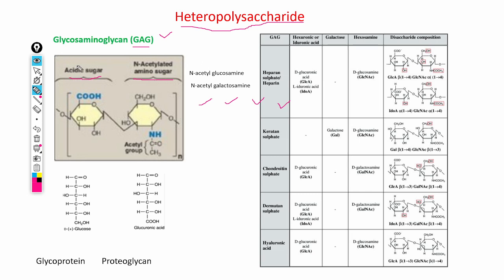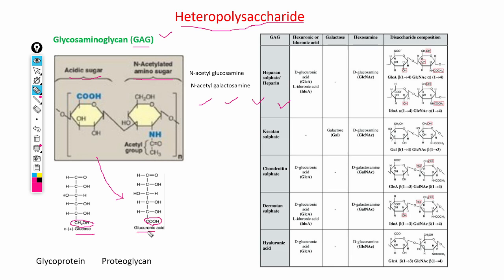So what is the acidic sugar? Always the acidic sugar should be uronic. So what is the uronic? We have studied earlier in the slide. In the first slide, let's say it is glucose, and the terminal part is oxidized, then it is called uronic. Why is it called glucuronic? Because the monosaccharide is glucose.